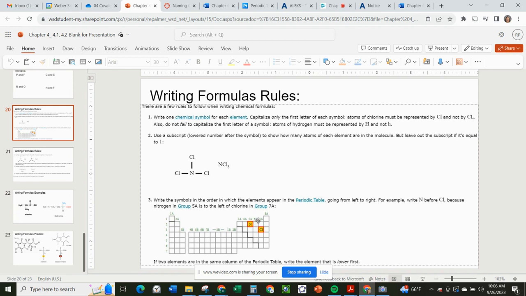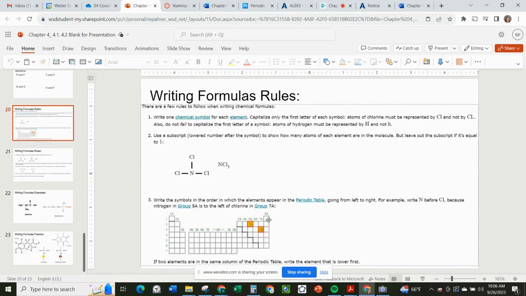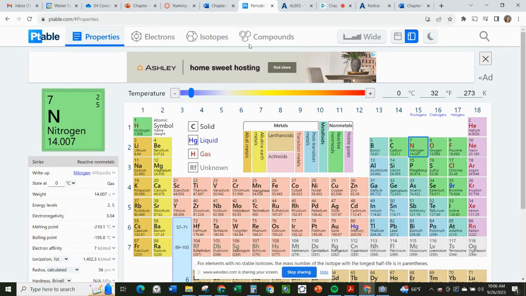The other thing that happens is if they're stacked on top of each other. So, is that rule here? I don't see it, so I'm going to look at an example. If I have oxygen and sulfur in a compound, I'm going to put the bigger element first, so sulfur should go before oxygen. This is like spelling.